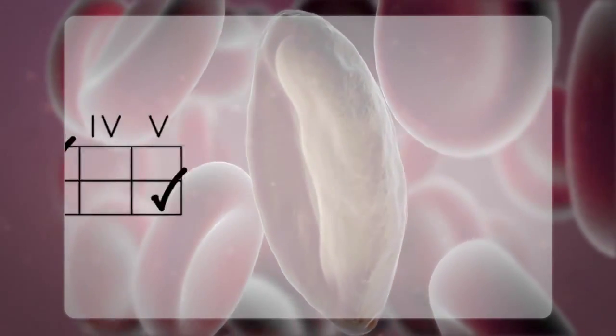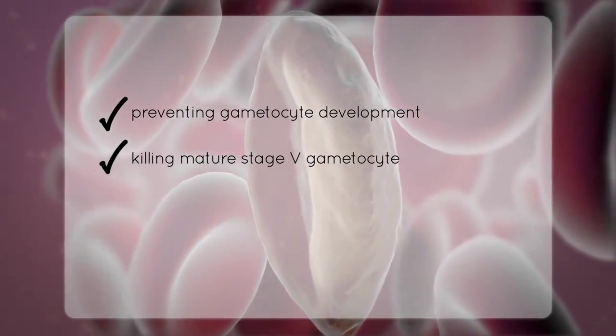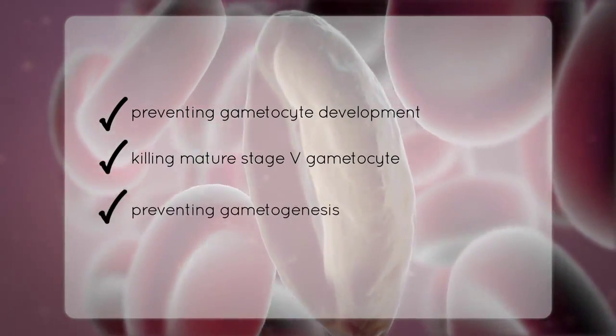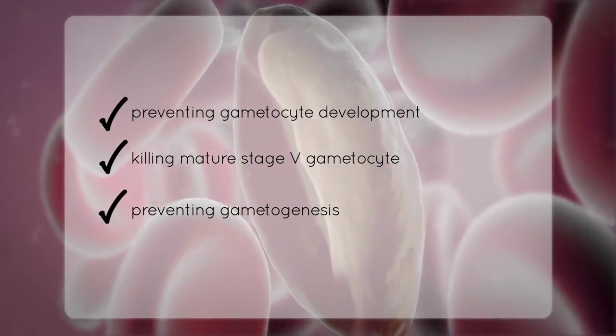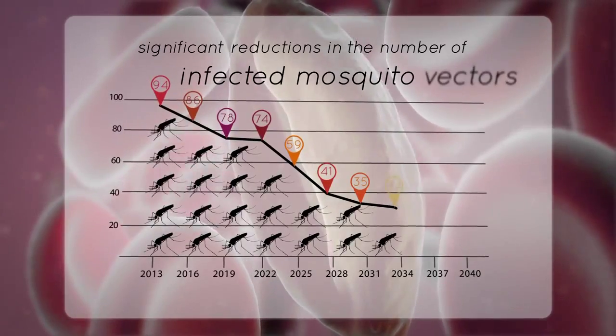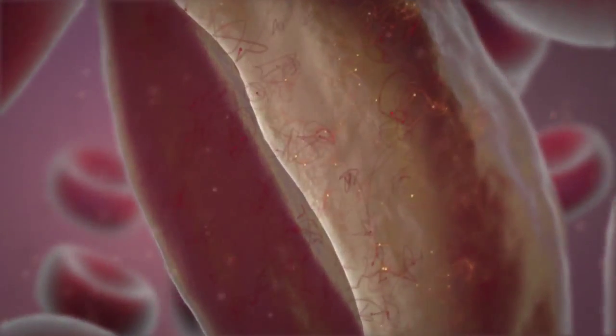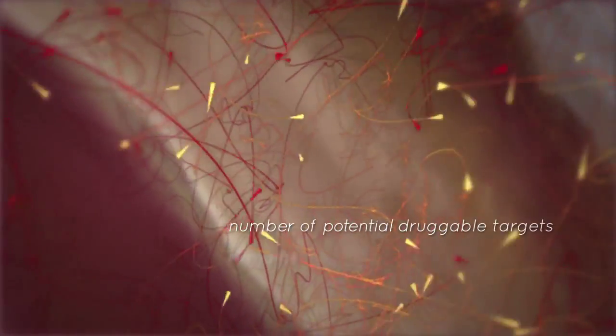Discovery of new drugs that are focused on preventing gametocyte development, killing mature stage 5s in humans, or preventing gametogenesis and fertilization in the mosquito could result in significant reductions in the number of infected mosquito vectors. However, the underlying genetic and biochemical pathways driving gametocytogenesis, and as a result the number of potential druggable targets, remains unknown.